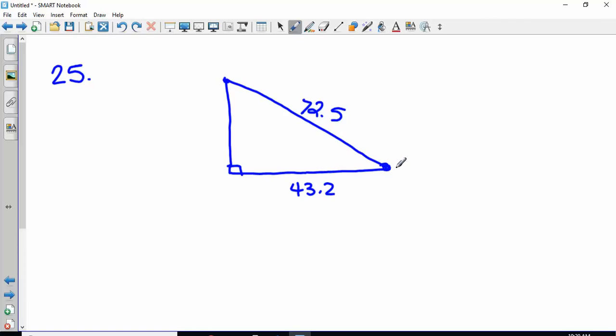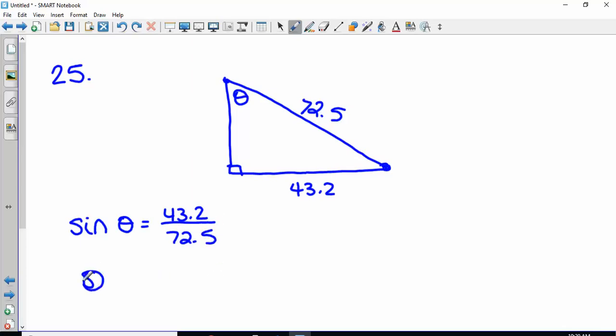So which angle am I looking for? The one at the bottom or at the top? Top, because it's the rope with the pole. So that's the angle we need. From there we have the opposite side and the hypotenuse, so what trig function? Sine of theta equals the opposite, 43.2, over the hypotenuse, 72.5.